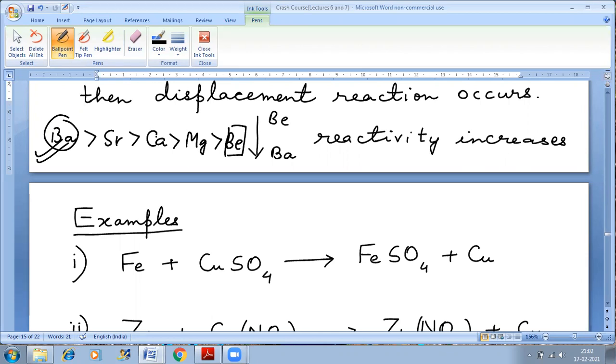In a similar manner, I can carry out this analysis for elements of group 1. The logic remains the same. As you go down the group, the reactivity increases. So what should I write?